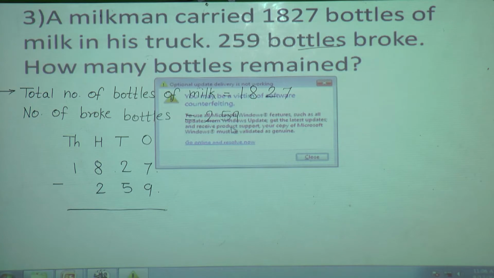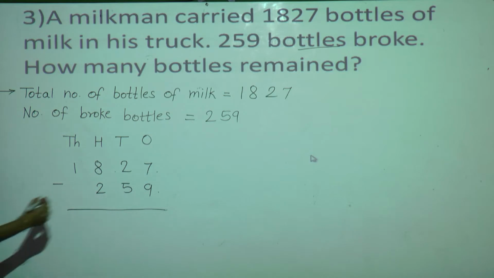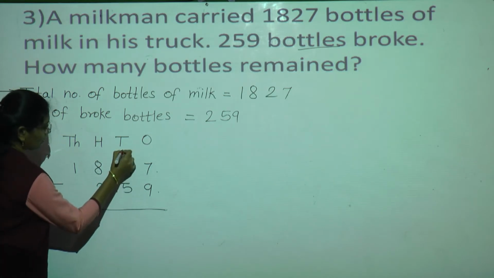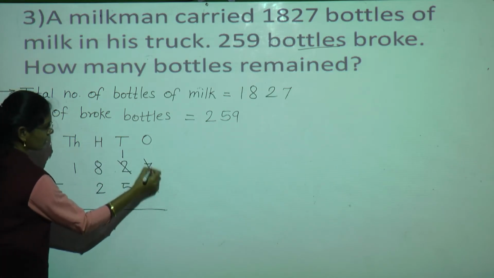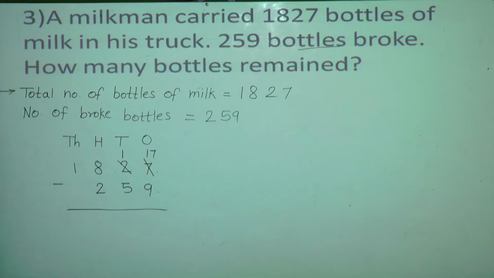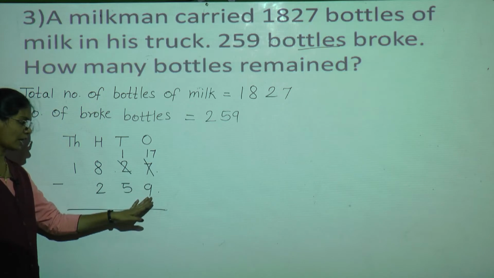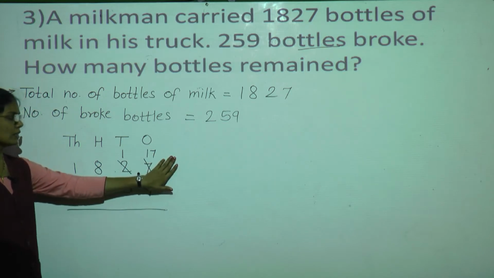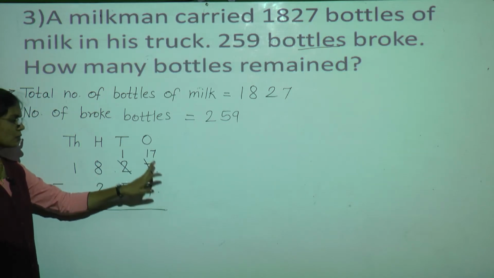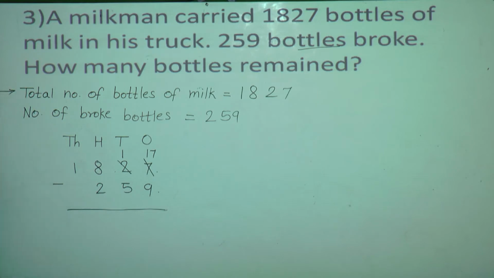So go to the tens place. Now tens is having 2. So take one borrow from the tens place. 2 minus 1, here 1 will remain and this 7 will become 17. Do the subtraction now. 17 minus 9. After 9, count your fingers till 17. So 17 minus 9 is equal to what? Yes, 8.